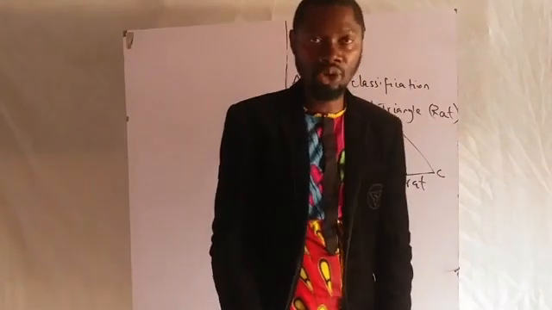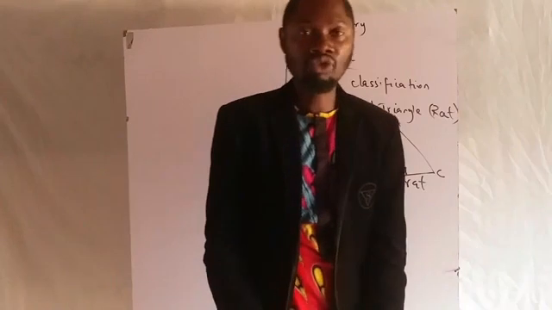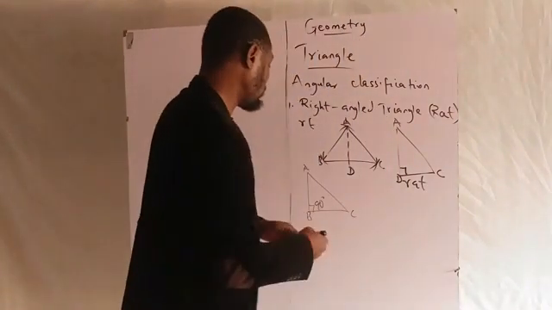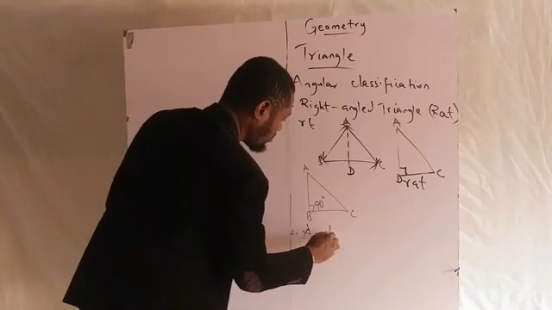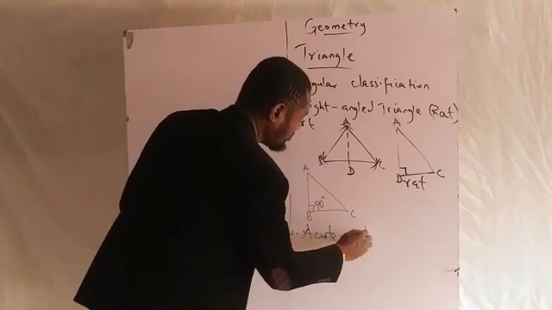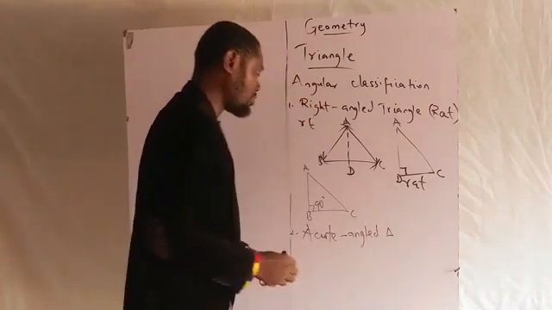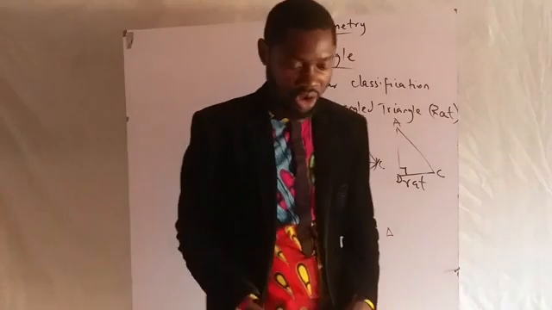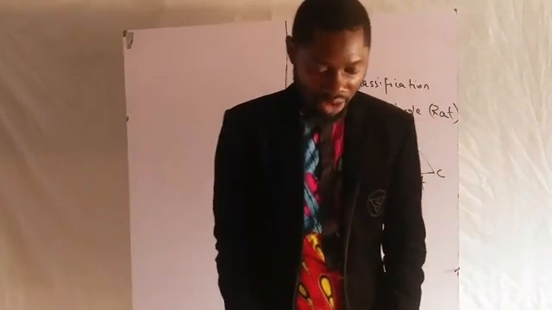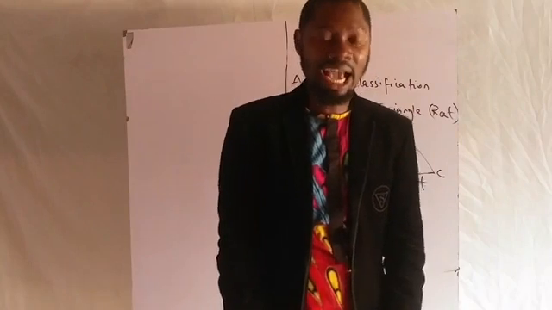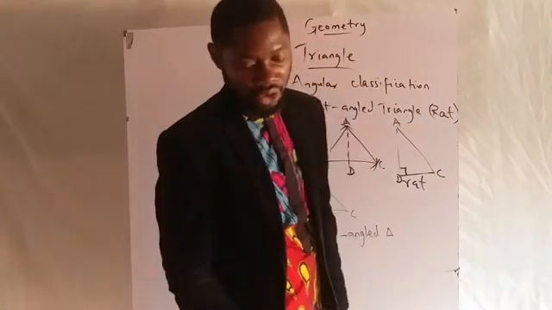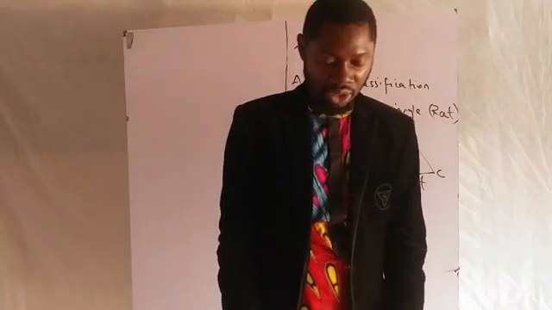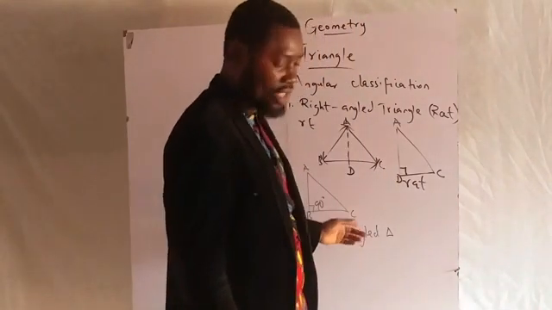Let us quickly look at acute angled triangles. The second one is the acute angled triangle. Now, the acute angled triangle is a kind of triangle that has in it one of the angles being acute.